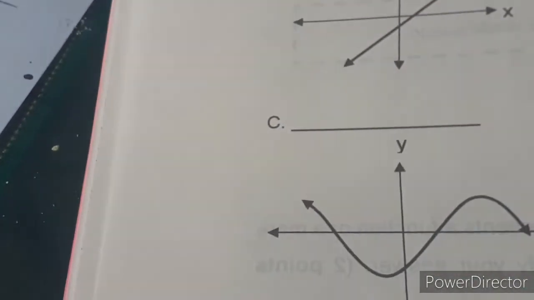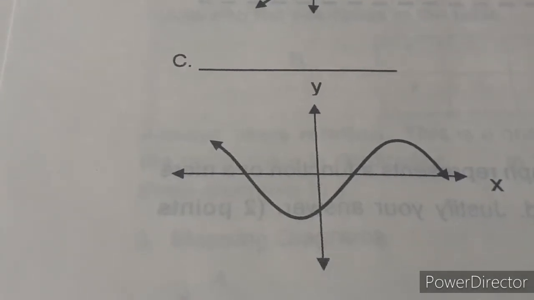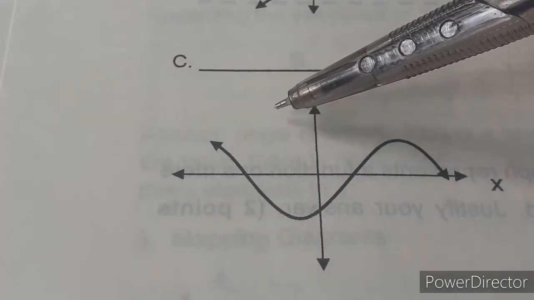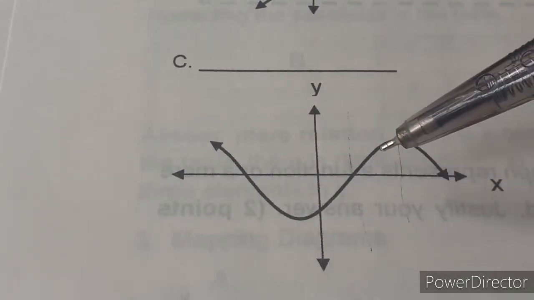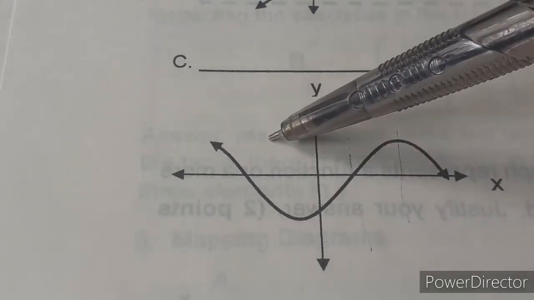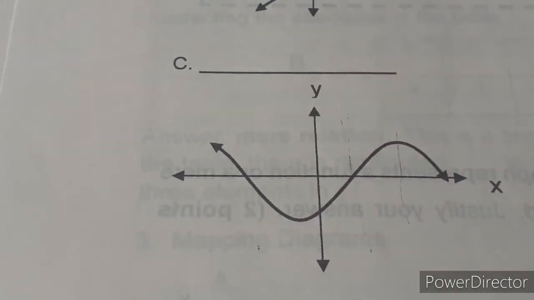So for number 3, we have this wavy graph. And this wavy graph, if we draw a vertical line anywhere, it will intercept the graph at only one point. So therefore, this is a function.